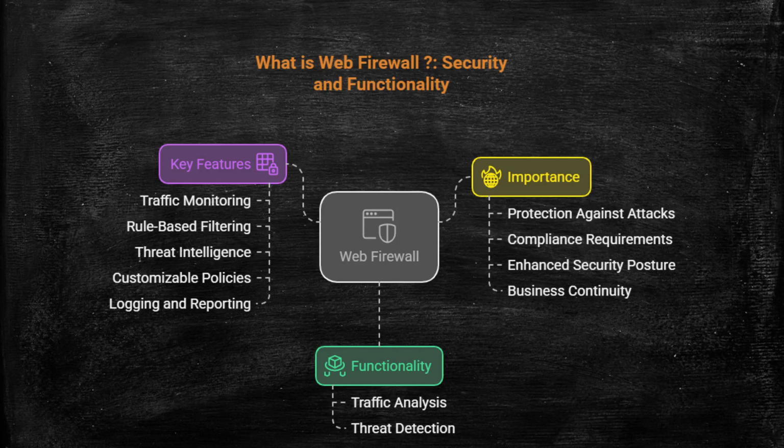Basically traffic monitoring, rule-based filtering that can be applied, threat intelligence, customizable policies, and it also gives you control over logging and reporting. From the functionality point of view, it's traffic analysis and threat detection. This is needed as it analyzes all your traffic, whoever tries to reach your website.